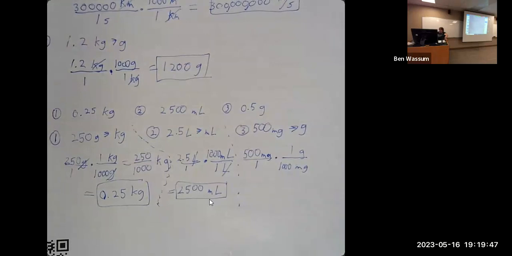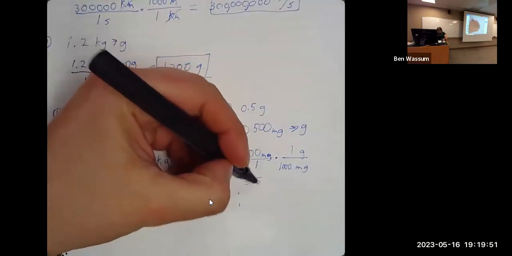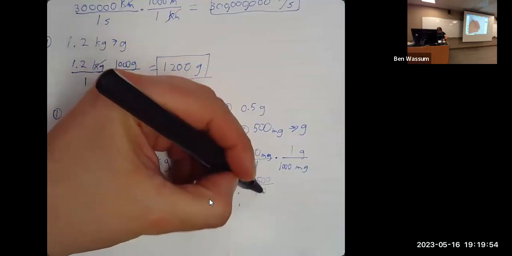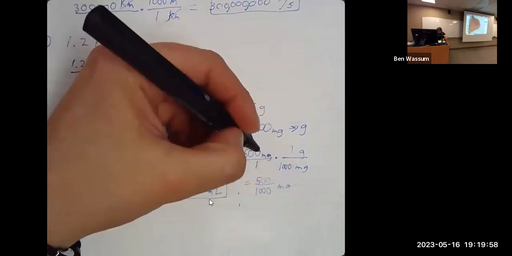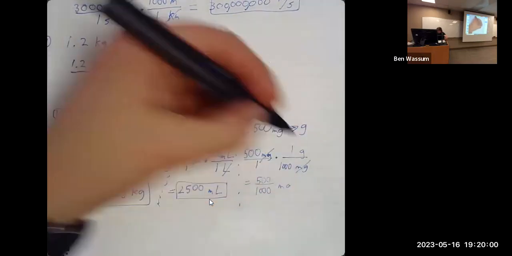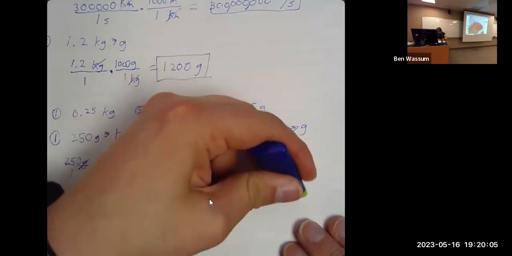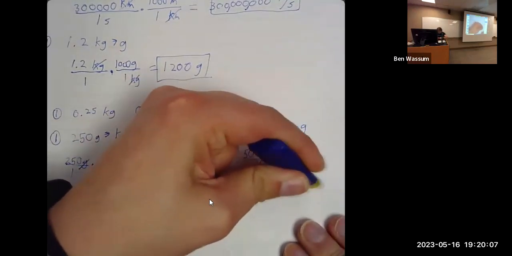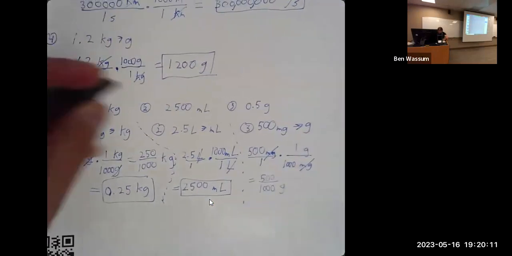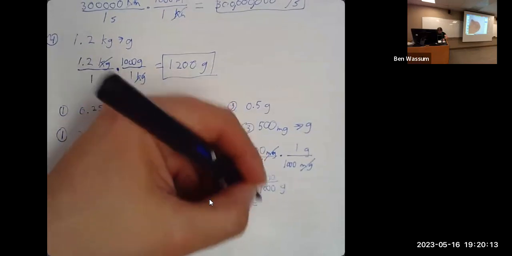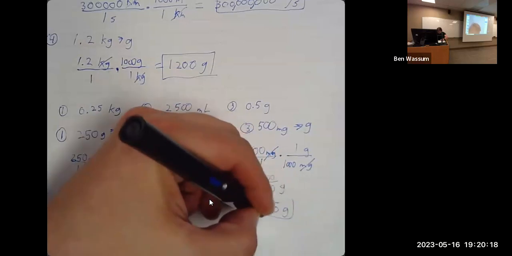So 1/1,000. When you multiply across, we end up with 500 over 1,000 grams, because the milligrams canceled out. Your division, and this is just half of that, so 0.5 grams.